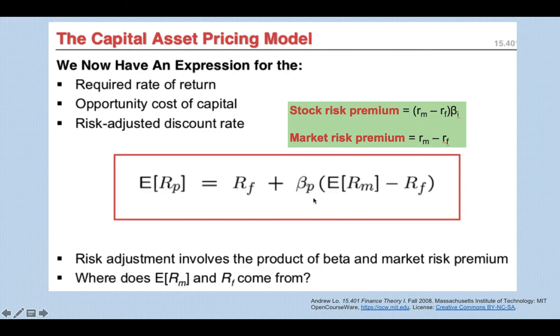Quickly, the components in the financial industry: the market return minus the risk-free rate is called the market risk premium. Then you times beta, and this is called the individual stock's or individual security's risk premium.